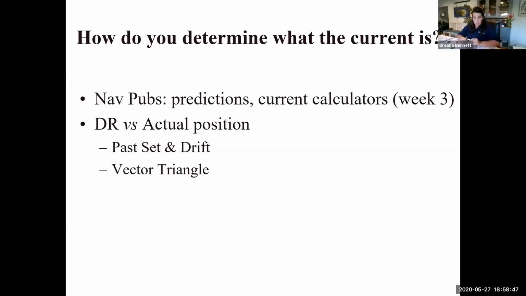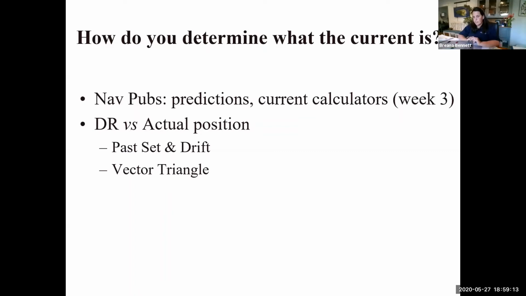So that's very useful. Or we can measure the difference between our DR and our actual position to see what the past set and drift was, and then we could apply it to the future. So we create this vector triangle, and we are going to dive into that vector triangle.